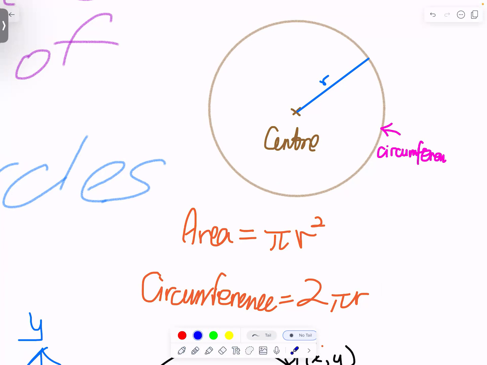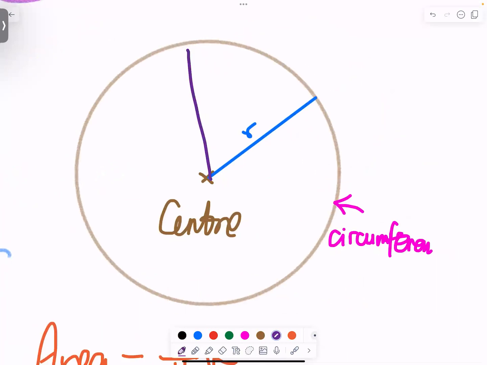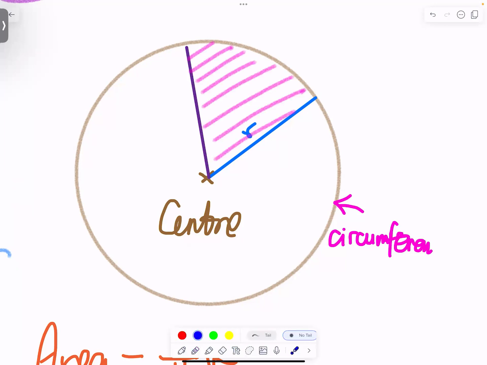And then apart from that, you also need to know what a sector is. What's a sector? In easy language, I call it a fan. What kind of fan is that? The older generation fan, this part. This part is called a sector. What's so special about a sector? A sector is only part of a circle.